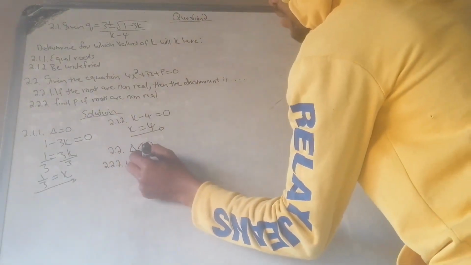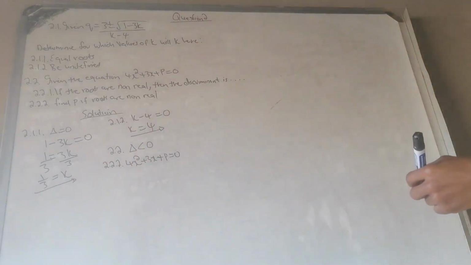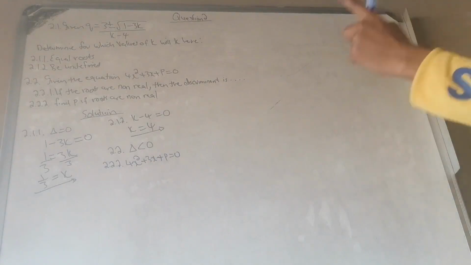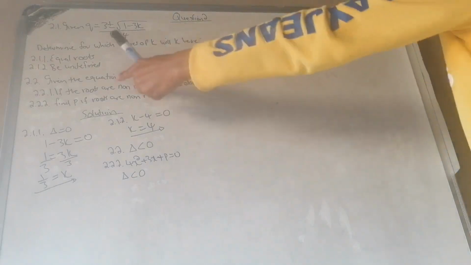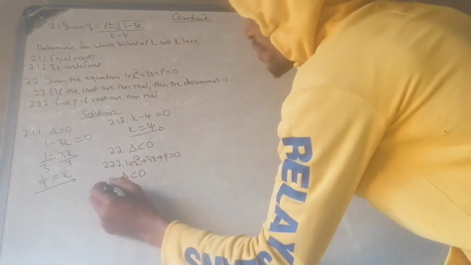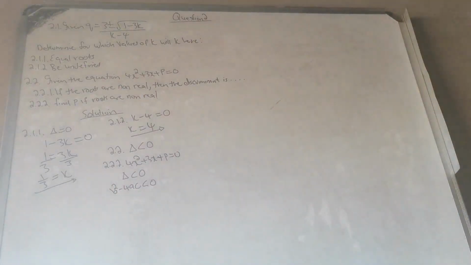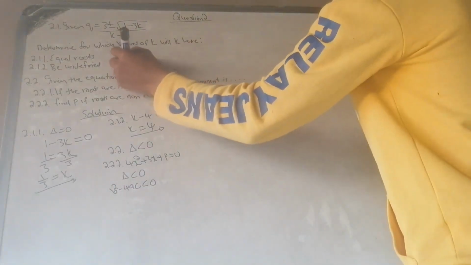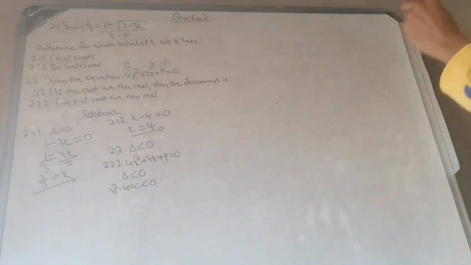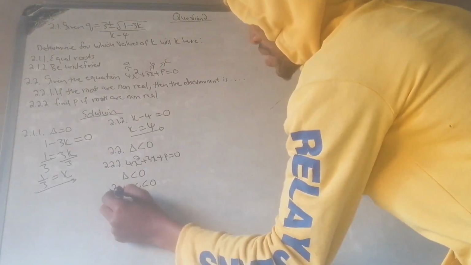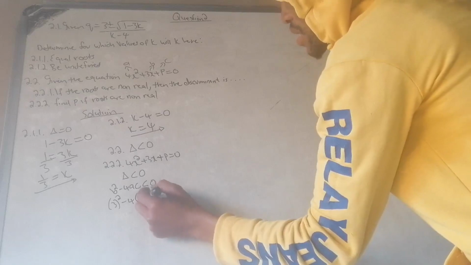I have 4x squared plus 3x plus p equals 0. If the roots are non-real, the discriminant must be less than 0. We've already said that. So the value of b squared minus 4ac must be less than 0. My b is 3, my a is 4, and my c is p.